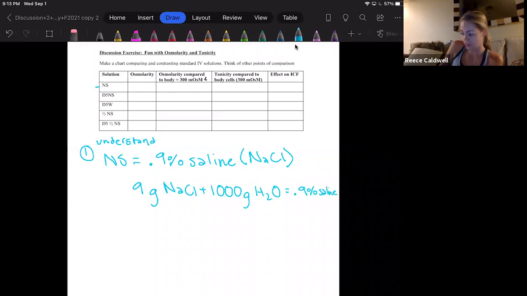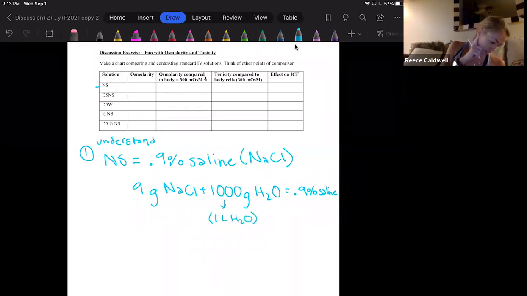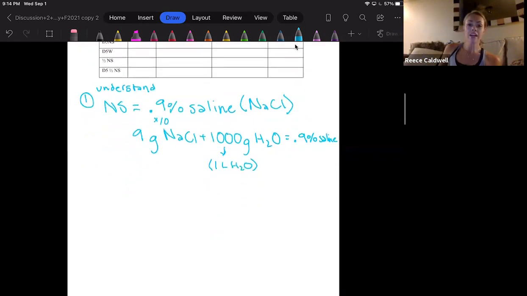And if you remember earlier, I told you 1,000 grams is 1 liter of H2O. So how we got there was we just multiplied that 0.9 times 10 and then added it into our 1 liter of water.